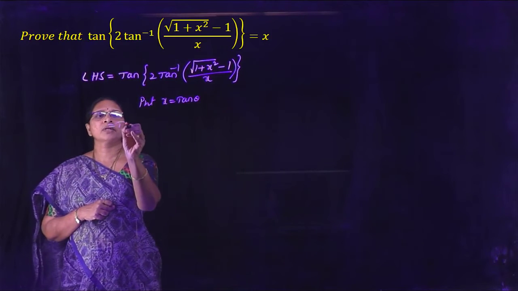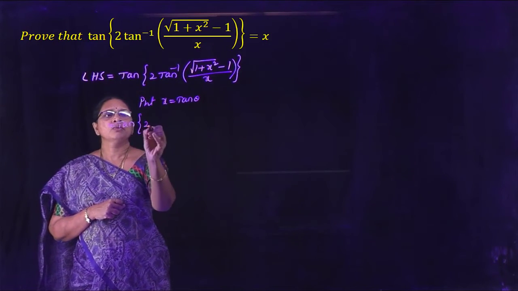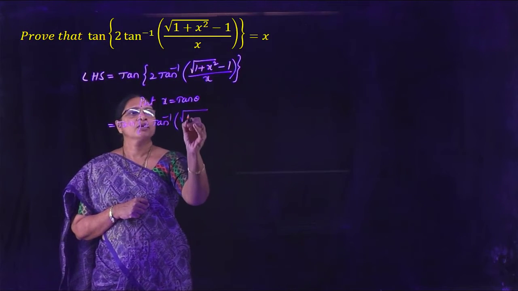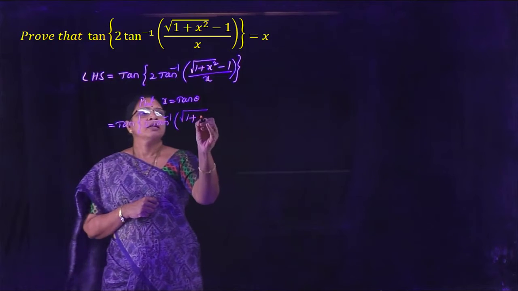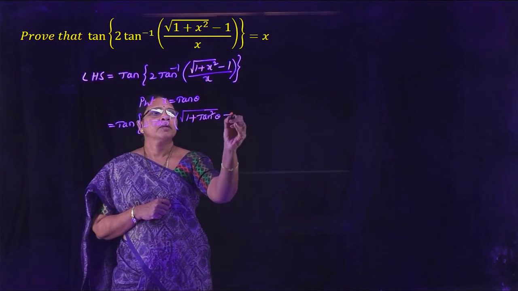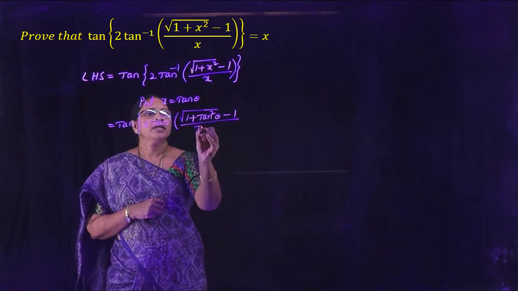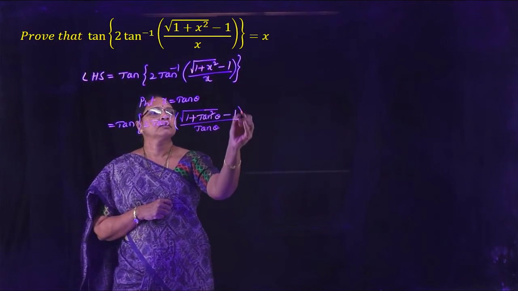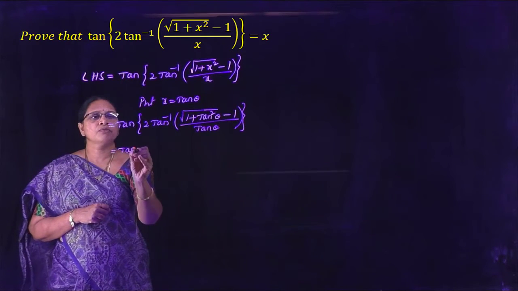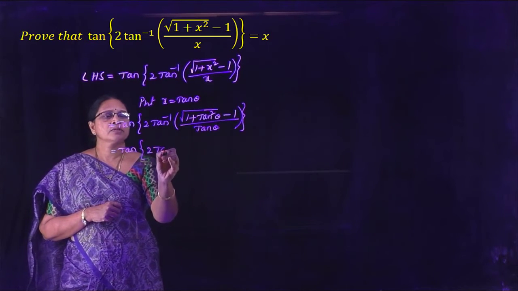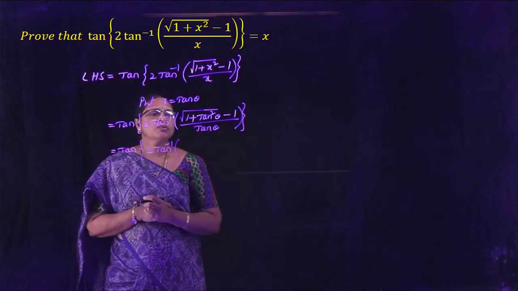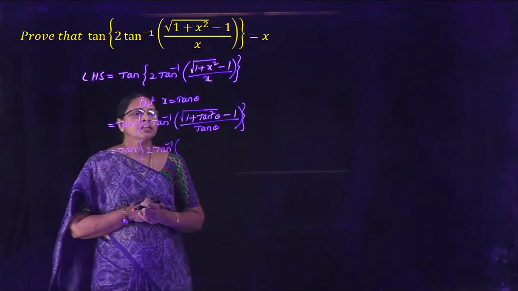That equal to tan of 2 tan inverse of root of 1 plus tan square theta minus 1 by tan theta. We know that 1 plus tan square theta is secant square theta.